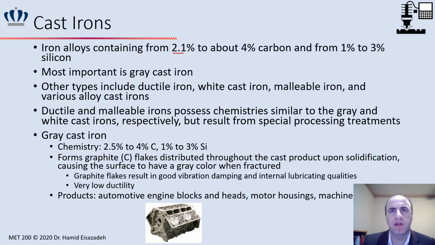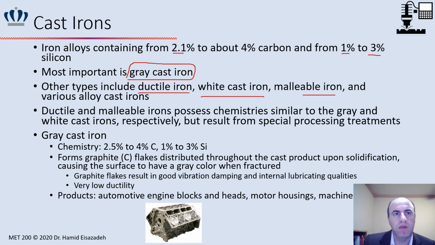And the amount of silicon is going to be between 1 and 3%. We have 4 different types of cast iron. The most important one is gray cast iron. Also, we have white cast iron, malleable iron, or ductile iron.